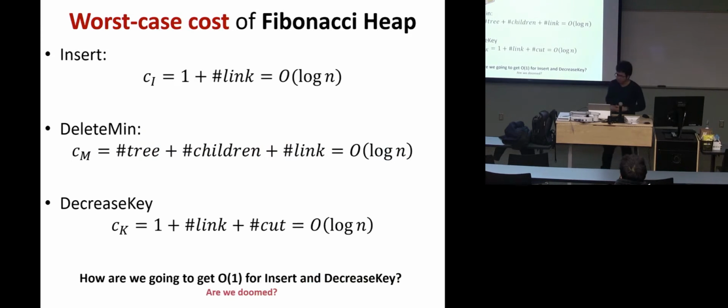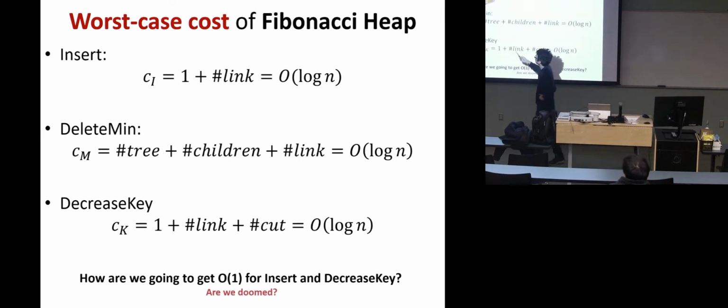If you look at the cost of each operation, when you insert, you just spend constant time, and then after you add one node with rank 0 into the collection, you keep linking until each rank has only one tree. How many times can you link? It's just the number of trees, which is logarithmic, so the worst case cost is logarithmic.